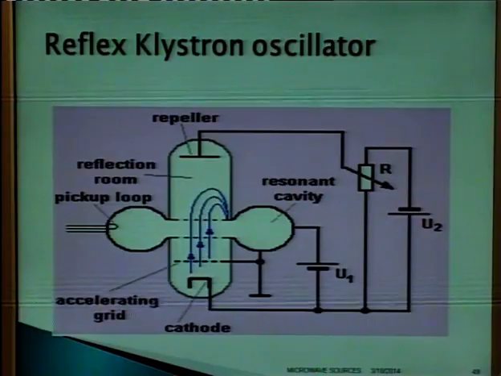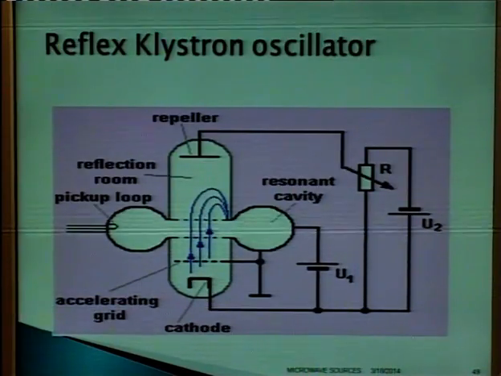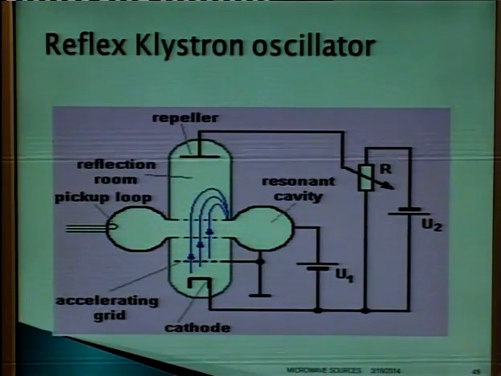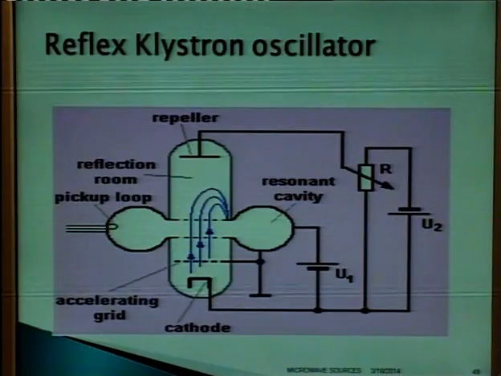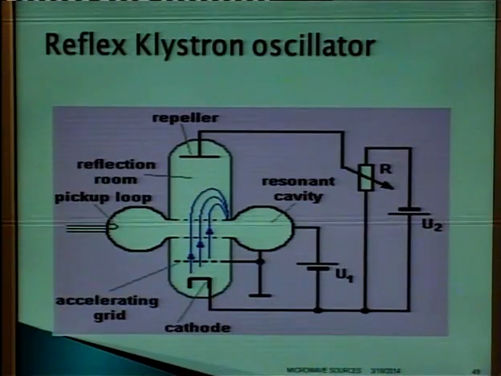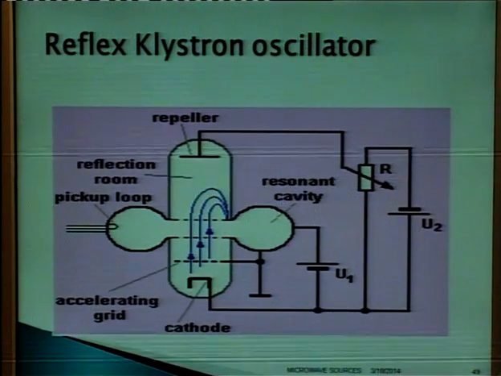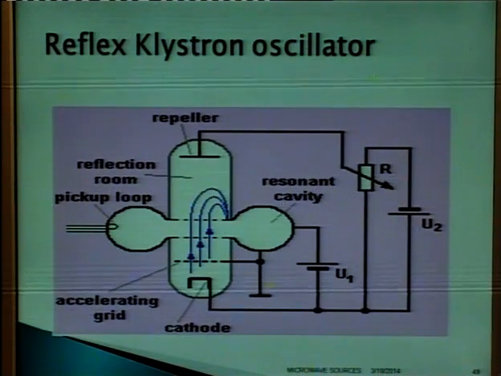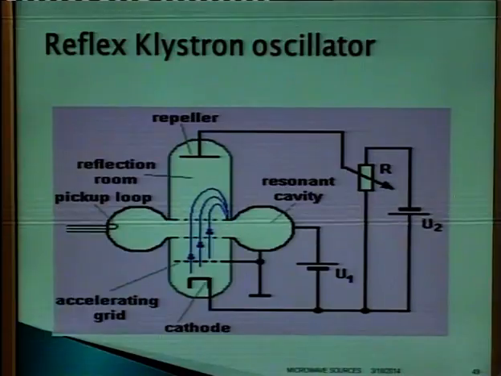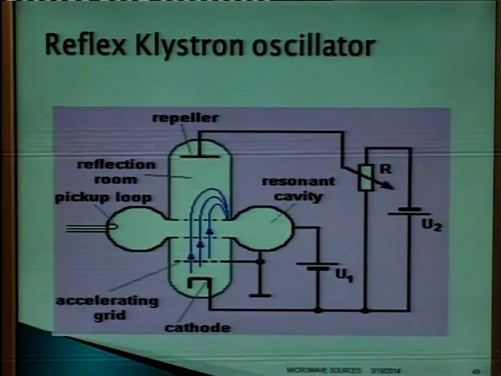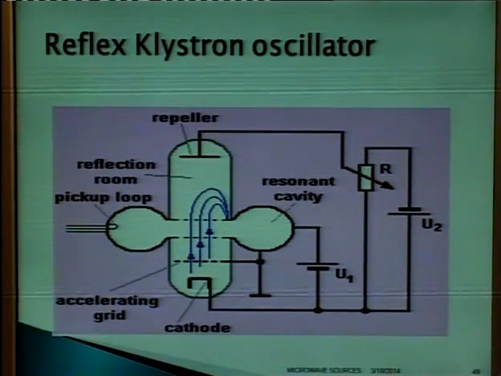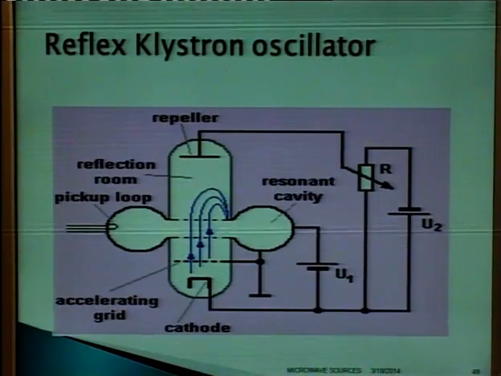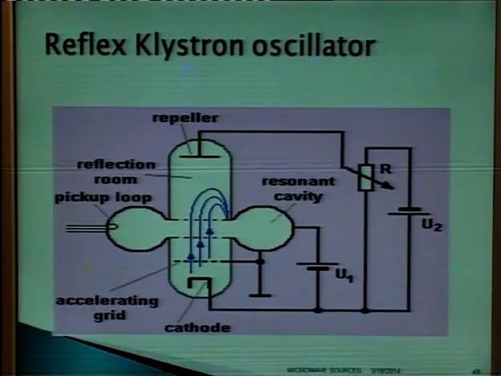This voltage is used to retard the bunches of electrons, and the first accelerating grid is used to accelerate the bunches of electrons, and by retarding these bunches we are getting an amplified signal. So, this is the diagram of the reflex klystron.